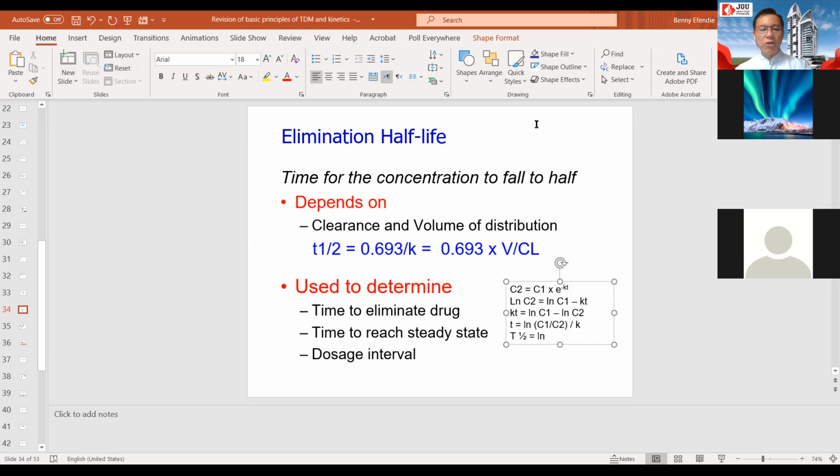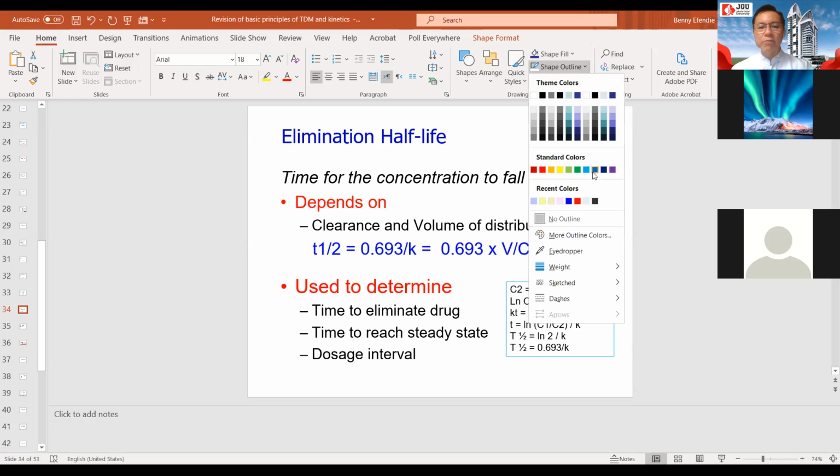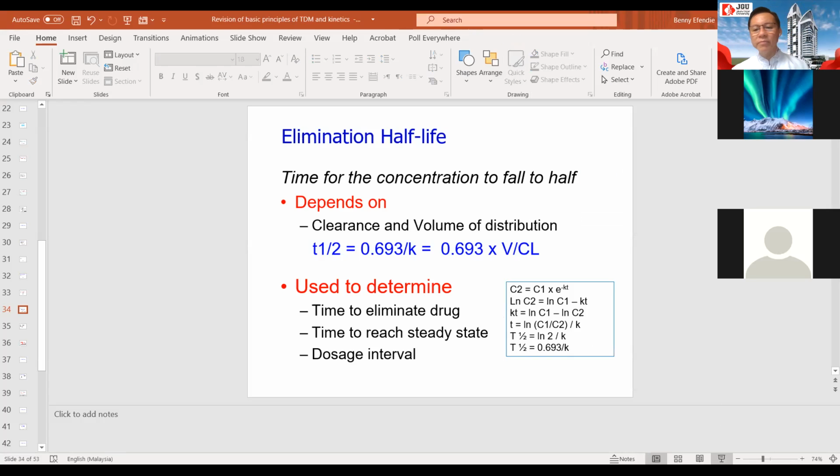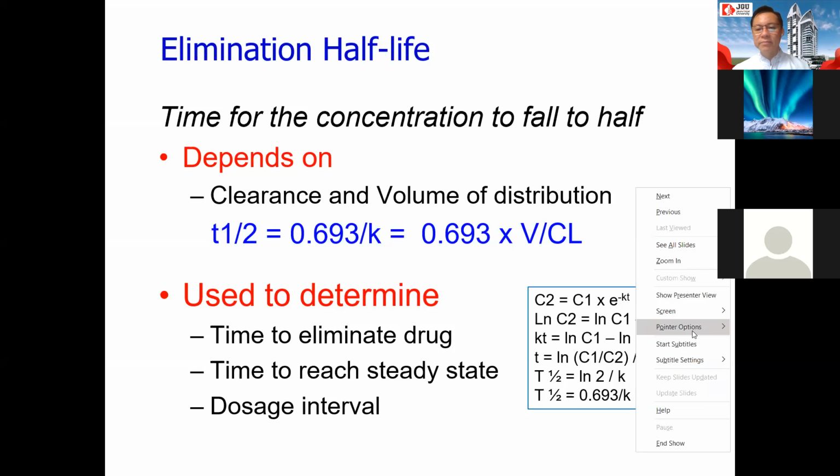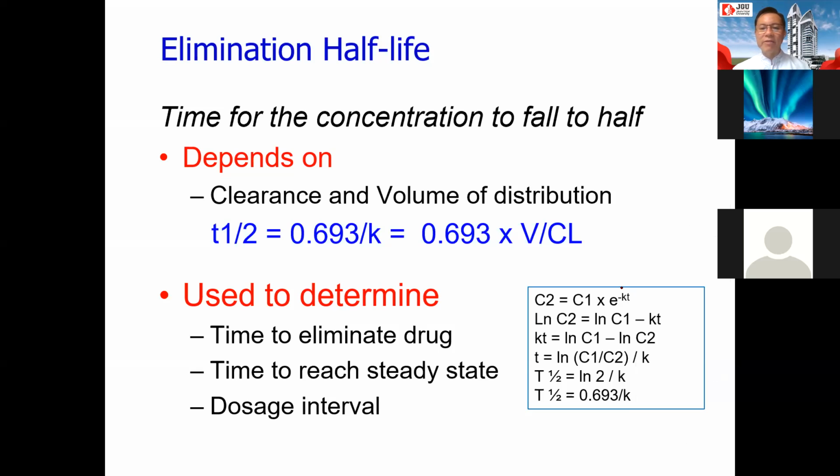So ln 2 divided by K. Now, if you use a calculator, ln 2 is equal to 0.693, divided by K. So that is where it comes from. This is the proof. Very basic.